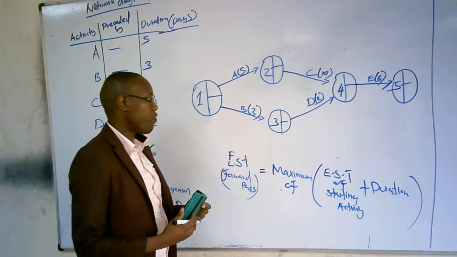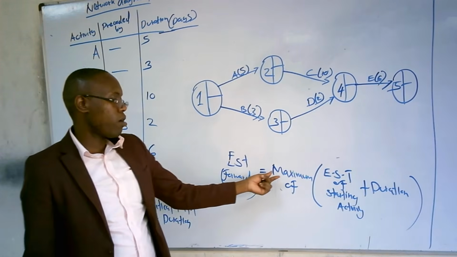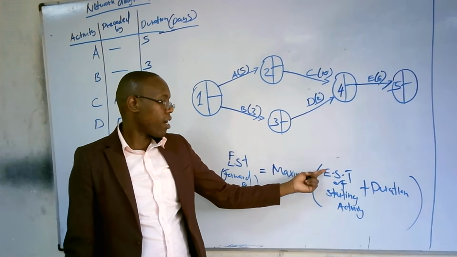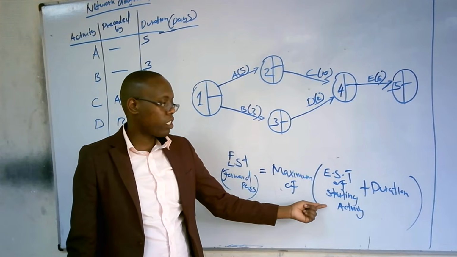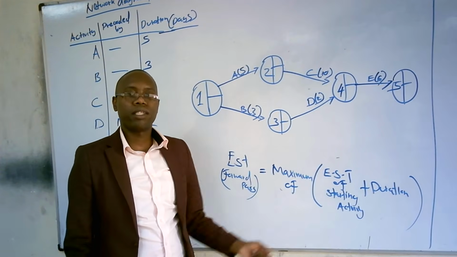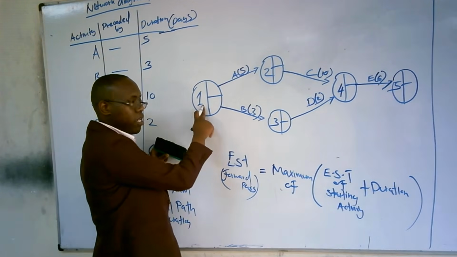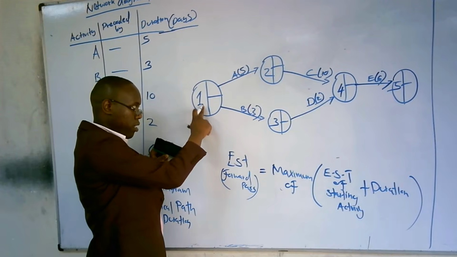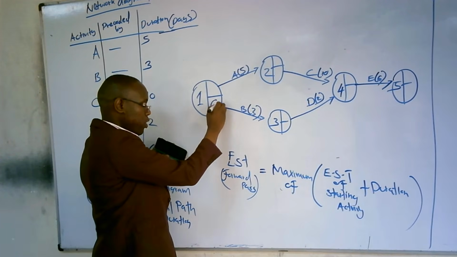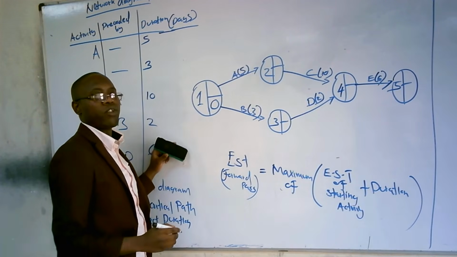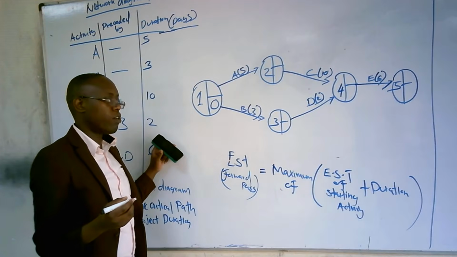That's how you get the forward pass, or the earliest start time: the maximum of the earliest start time of the starting activity plus the duration. And the earliest start time in node number 1 is always 0.